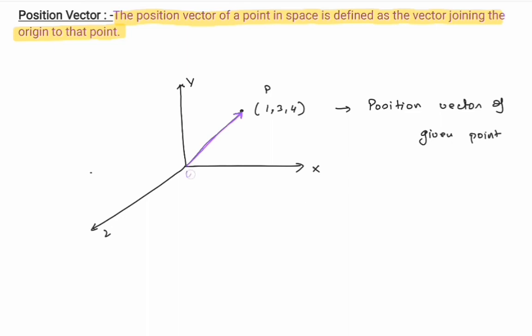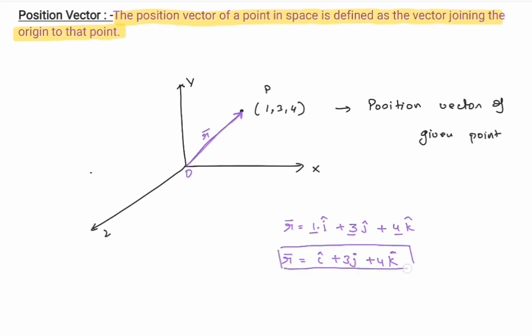Suppose this is the point P and I am representing the position vector with R. The position vector R will be given by: what is the x-axis? 1. So 1 multiplied by i cap plus 3 multiplied by j cap plus 4 multiplied by k cap. This is ax, this is ay, this is az. It means the given vector is i cap plus 3j plus 4k. This is the position vector of the given point.